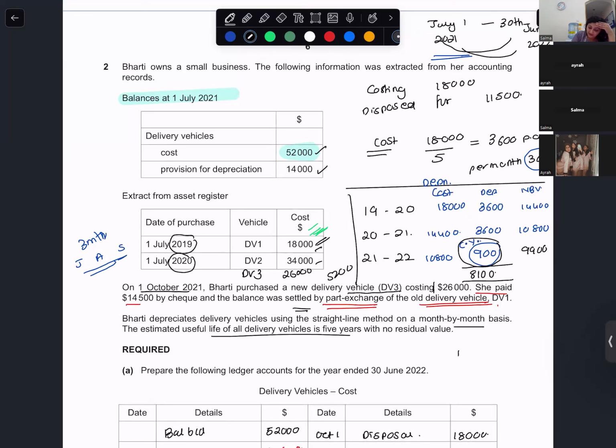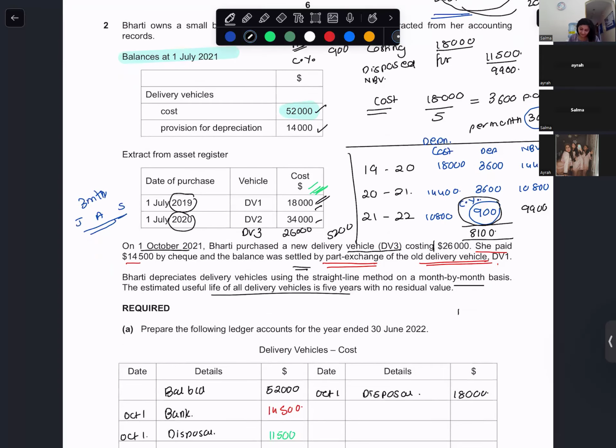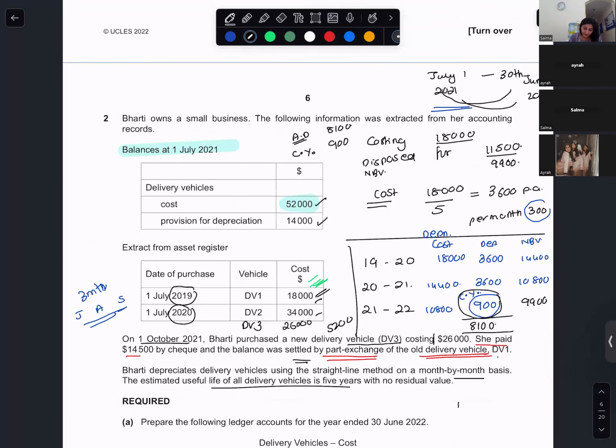So asset costing 18,000, disposed for 11,500. Net book value of the asset sold is 9,900. Accumulated depreciation of the asset sold is 8,100, and depreciation of the current year for the asset sold is 900. Correct? Let's incorporate this information.